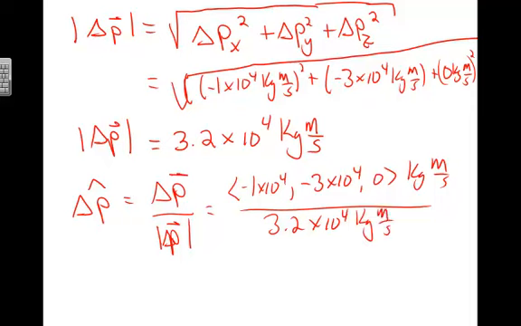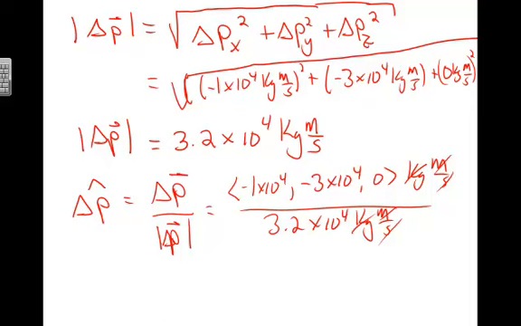Now, one thing I want you to notice, with the unit vector, the units have gone away. Unit vectors, despite their name, have no units. That term unit vector is referring to the fact that it has a unit length, a length of 1.